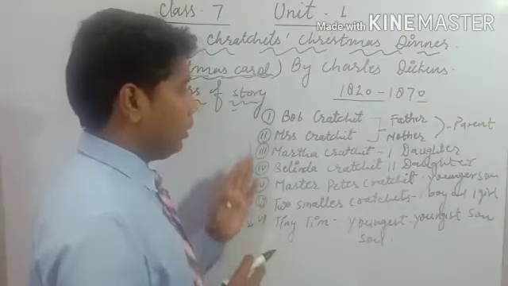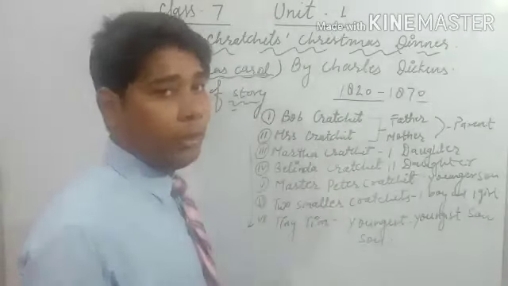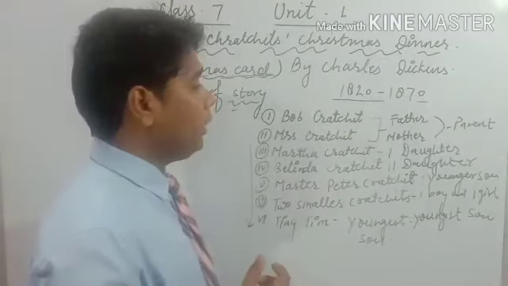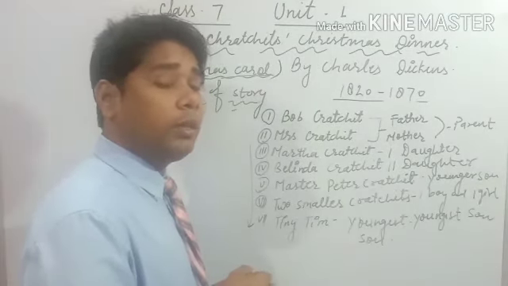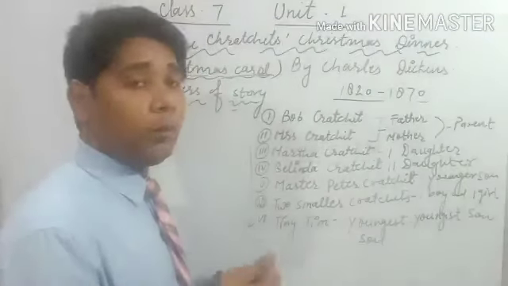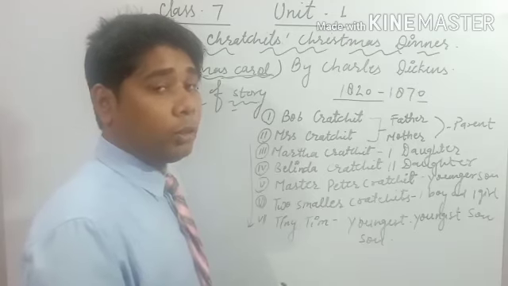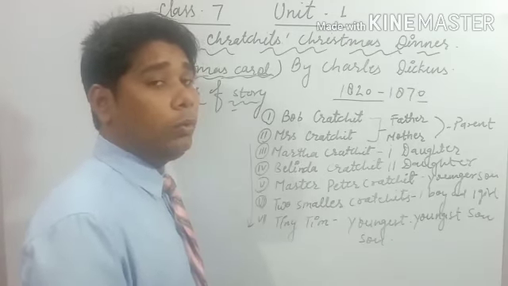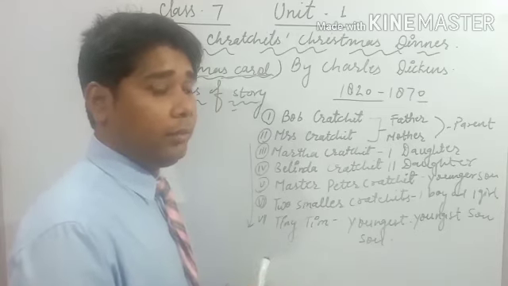On the day of Christmas, Bob Cratchit went to invite his boss, Scrooge, to celebrate Christmas. But Scrooge refused. He said, go, get lost from here. I do not celebrate any type of festival or event.